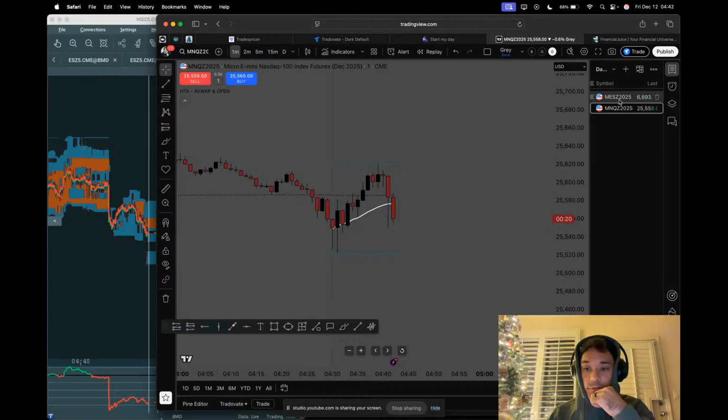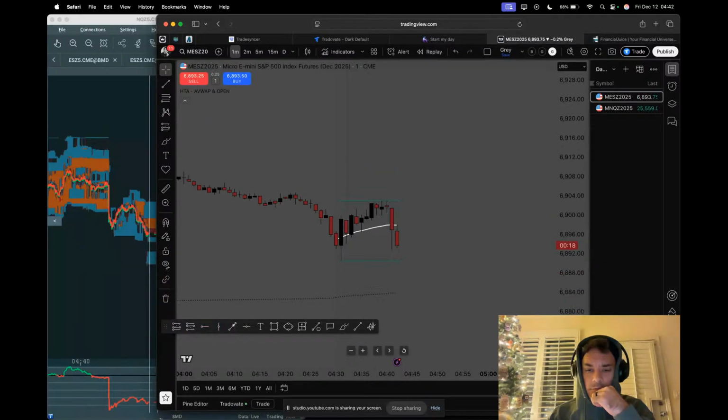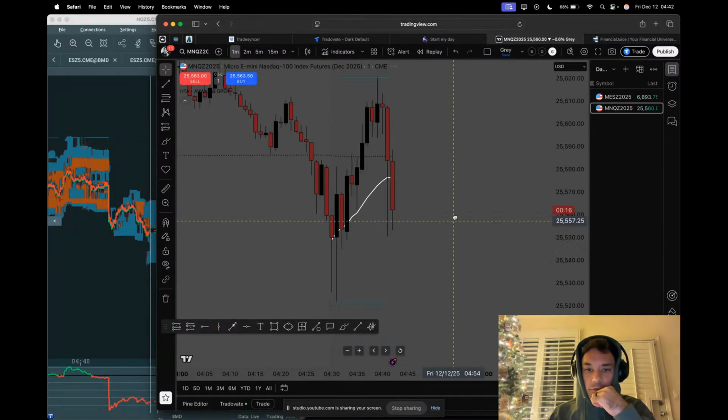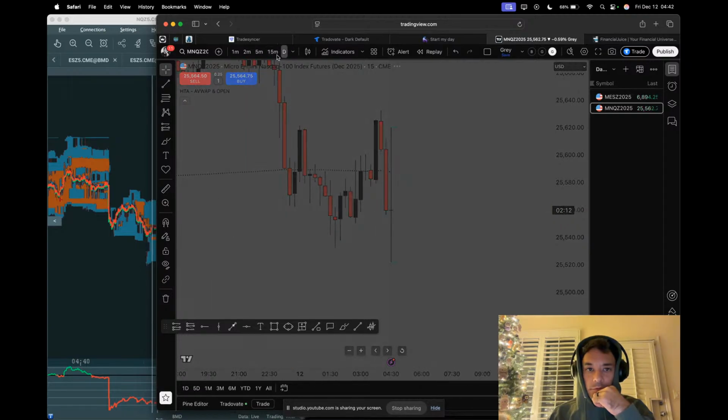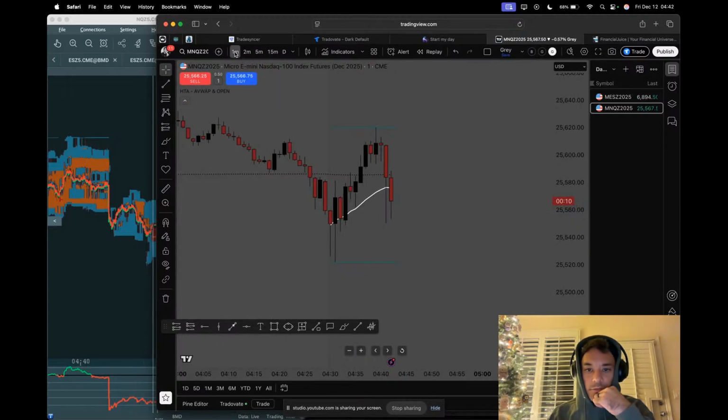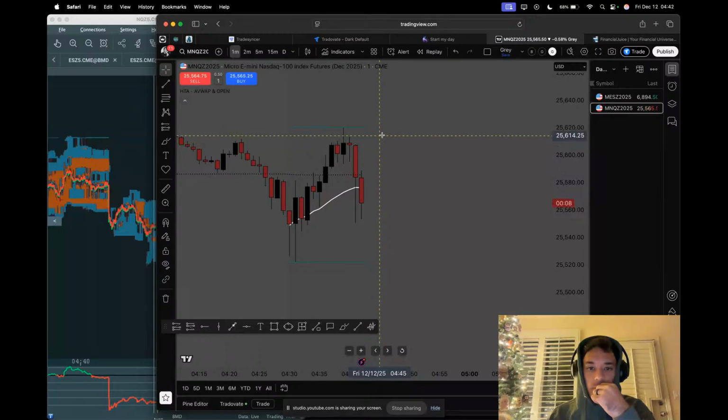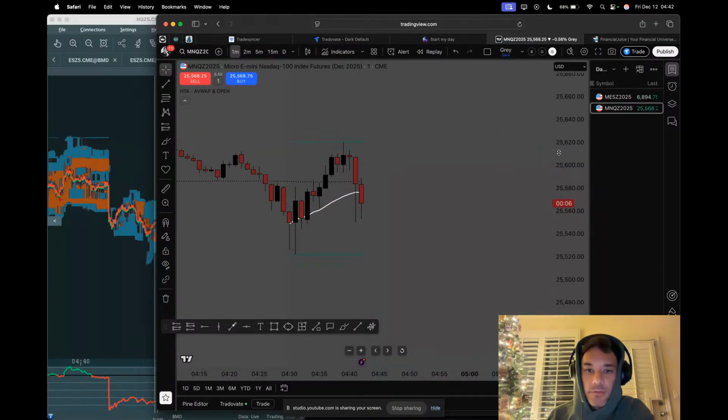You got orders below. Yeah, NQ below. Bearish trend. Could be a good short. Could test it out.